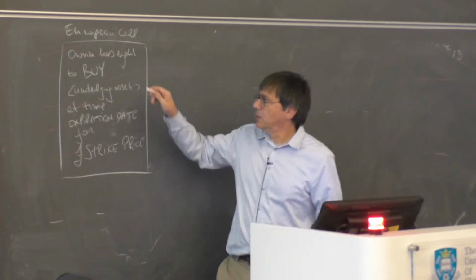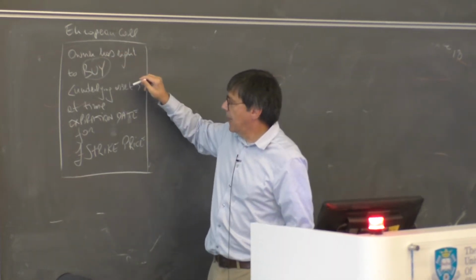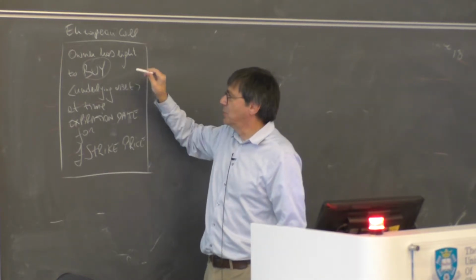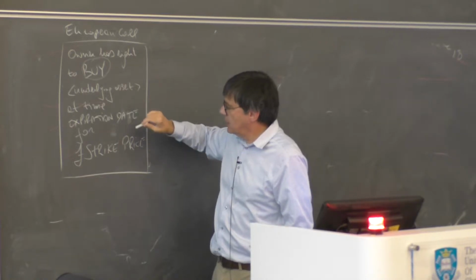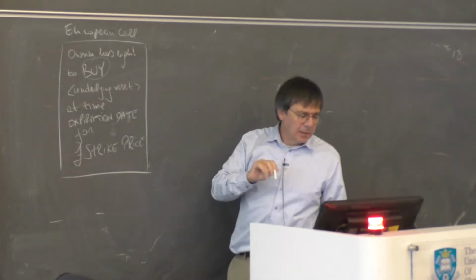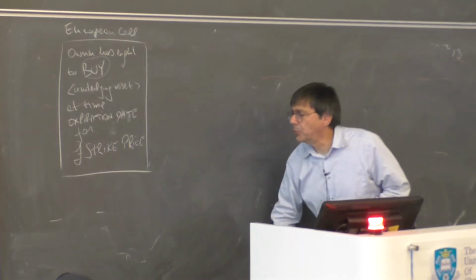So this makes this into a call option. The underlying asset is the asset underlying this option. You have an expiration date and a strike price. So these are the parameters of such an option that you find in the small print.